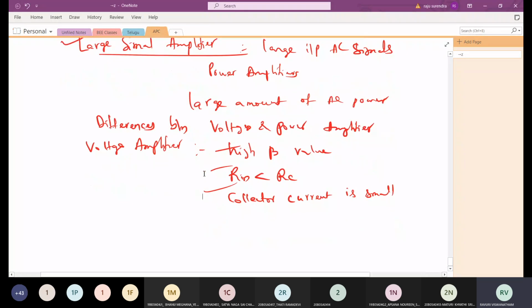Whereas in the power amplifier, it may produce heat while the transistors are in operation.